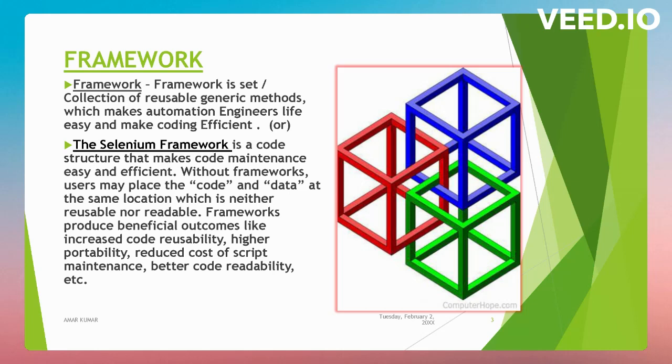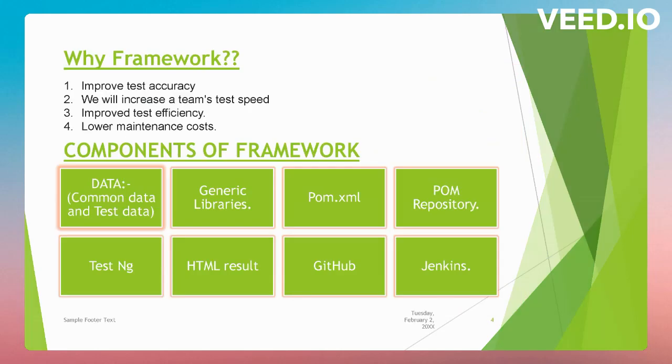The framework makes this easy to handle, reduces the cost of scripts during maintenance, and gives us better code reusability. That's it, this is the framework. Now, why are we using frameworks? Basically, to improve test accuracy, improve test efficiency, and lower maintenance cost.